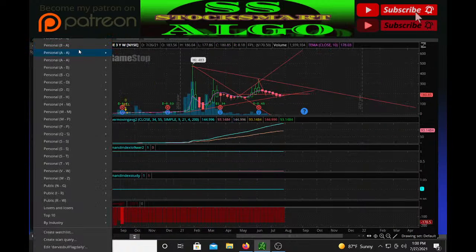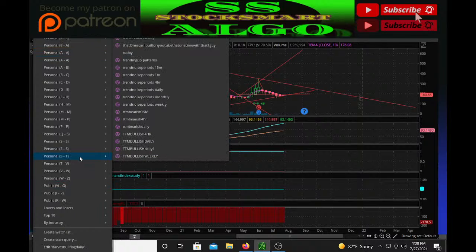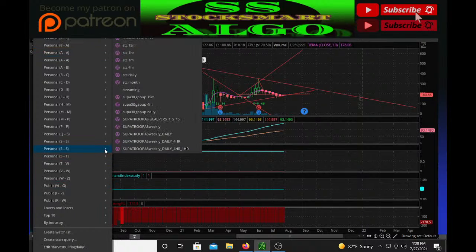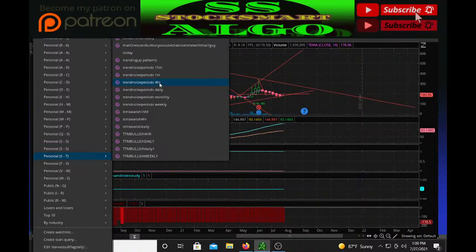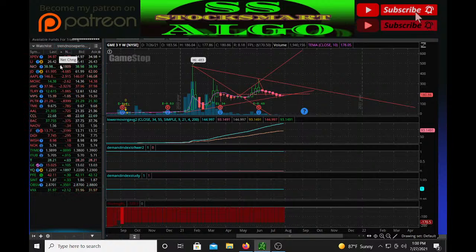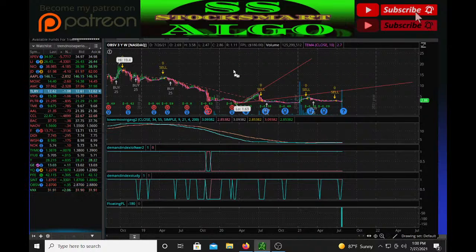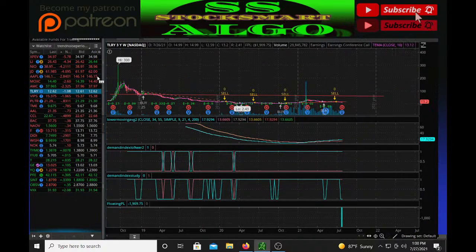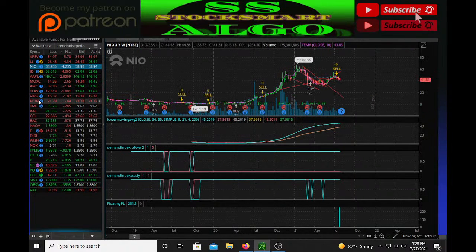And no bull flags there. Let's see what we have for trend noise. All right, so noisy trends would be these right here. Looks like Tilray's popping up on here. And Palantir, very good.